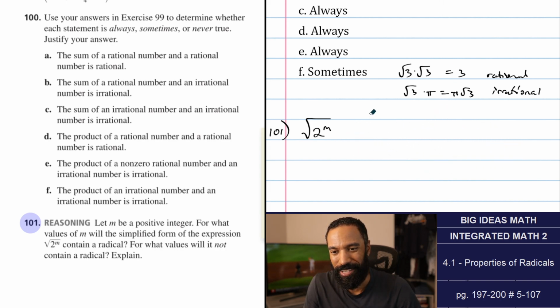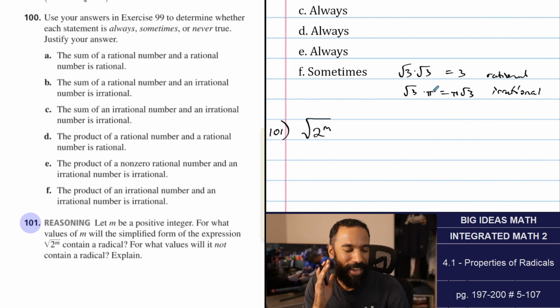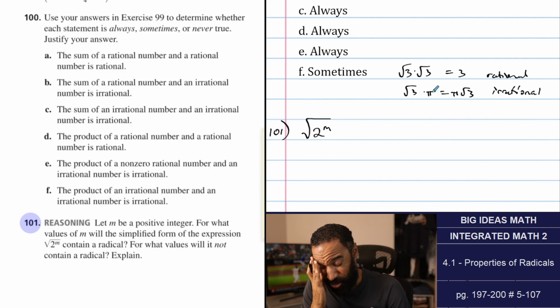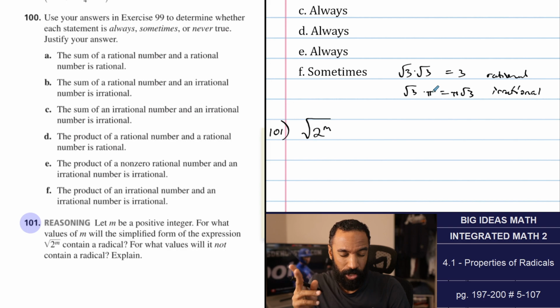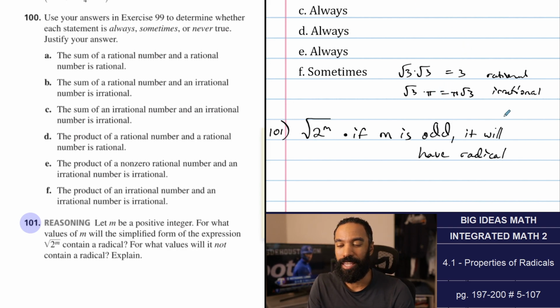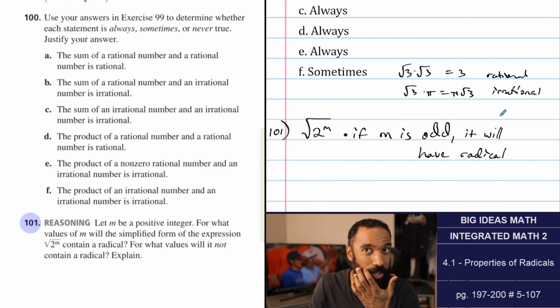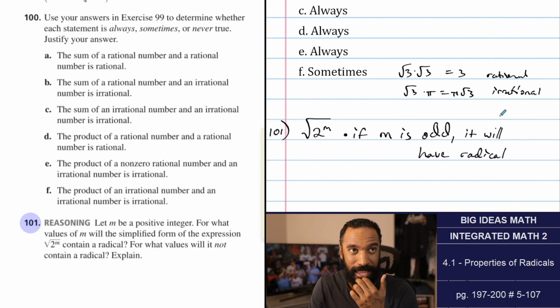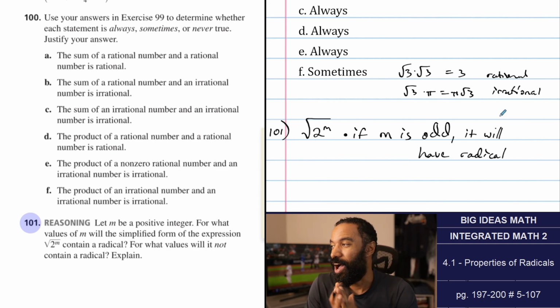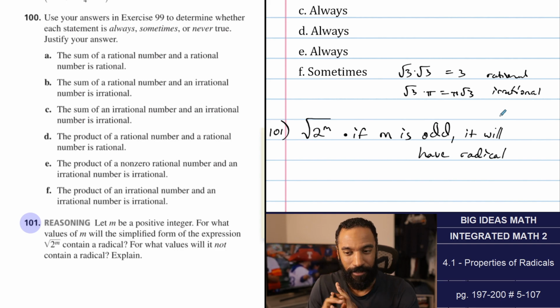Not for 2. Hold on a second. Positive integer. I was thinking of x. 2 is different. 2 to the first, 2 squared, 2 cubed. Yes, no, we're good. If m is odd, it will have a radical. Square root of 2 to the first is square root of 2, which is good. Square root of 2 cubed is square root of 2 to the 8th. I was thinking of cube root, which is 2 root 2 and such. So if it's odd, it'll have a radical.